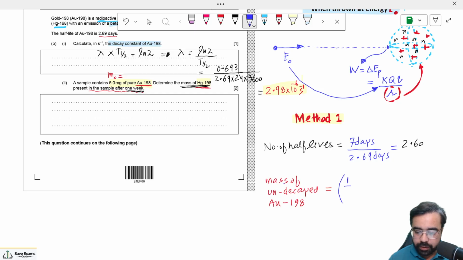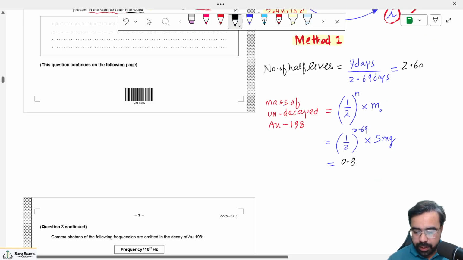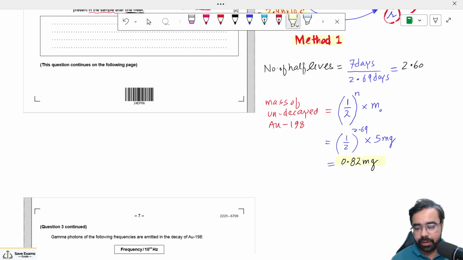We can apply a general formula, which is 1 over 2 raised to the power n, the number of half lives, multiplied by the total mass in the beginning. So it is 1 over 2 raised to the power 2.60 times 5 milligrams, and I calculated it is 0.82 milligram. Just this mass of gold is left behind, which means all the rest has been converted into mercury.